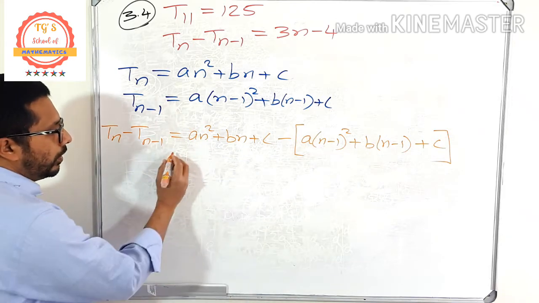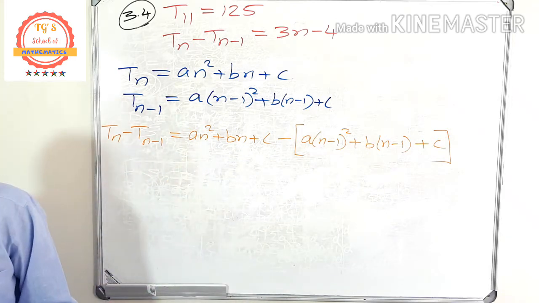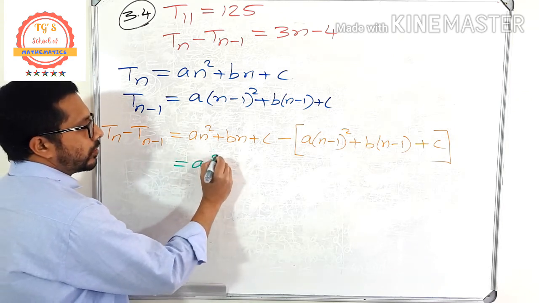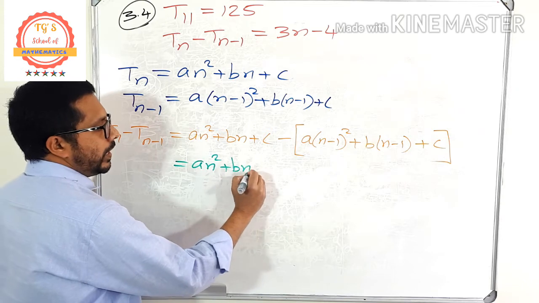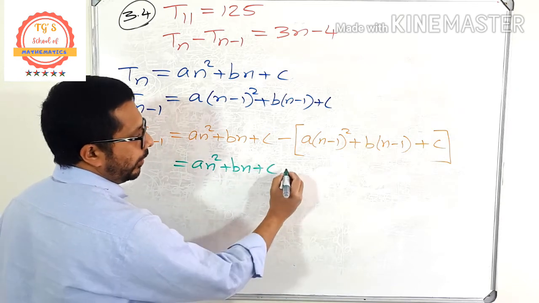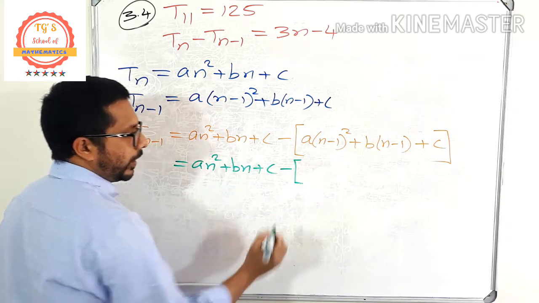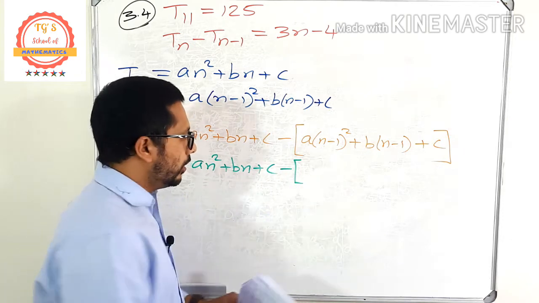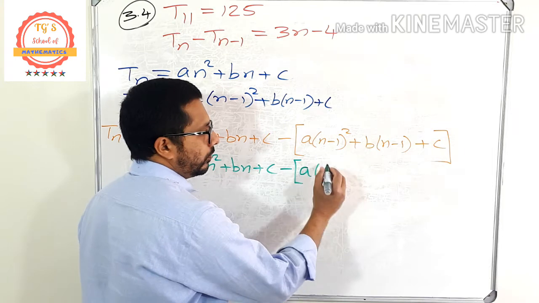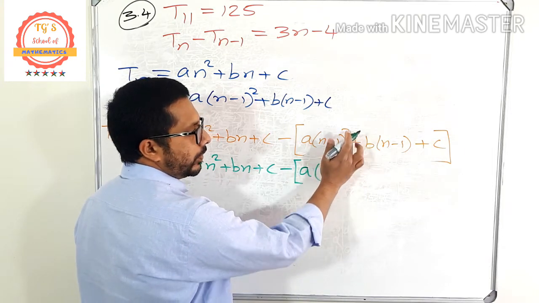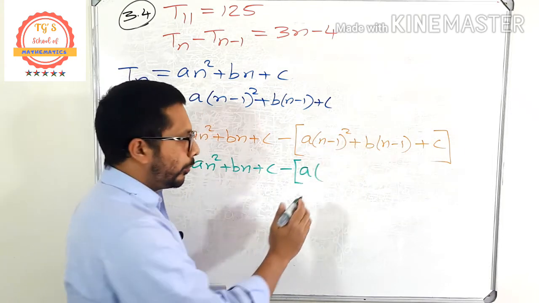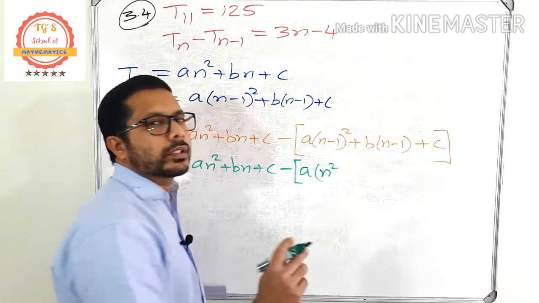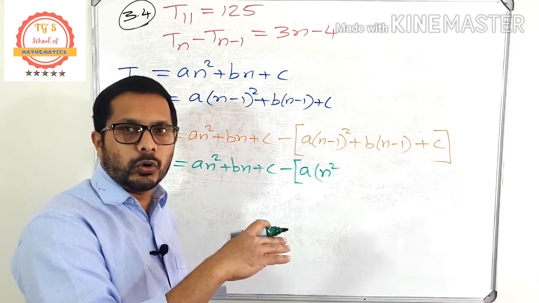So this is equal to an square plus bn plus c minus, I am not going to touch that bracket now. First let me expand this one. What is the expansion of n minus 1 the whole square? If you want more explanation, you must refer to my algebra lessons.